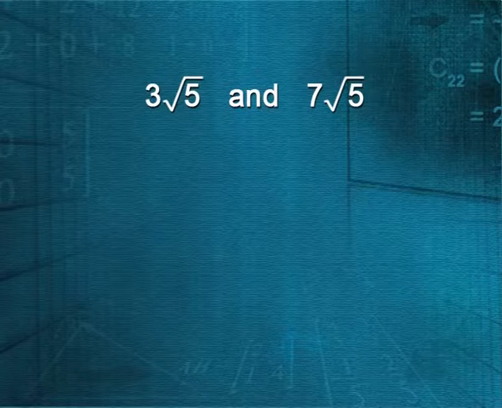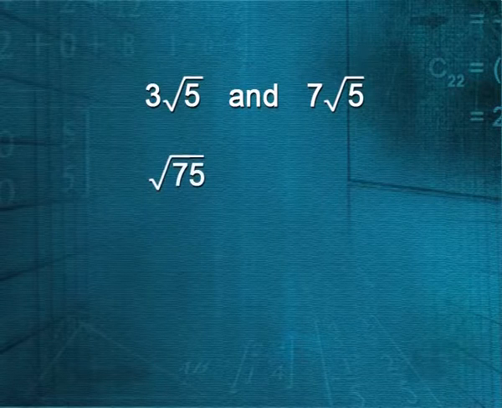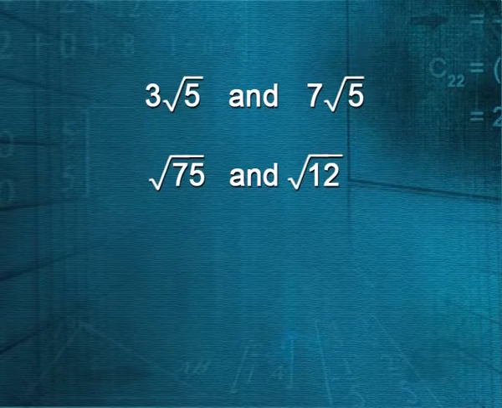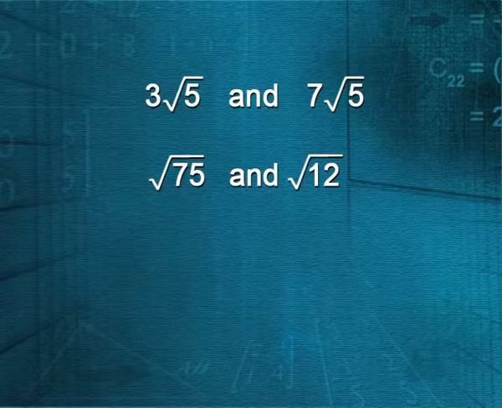Next, let us see the second example, root 75 and root 12. Now, note one thing here that in 3 root 5 and 7 root 5, you can see and say that these two surds are like surds. But in case of root 75 and root 12, you have to reduce them and check whether they are similar surds or not.